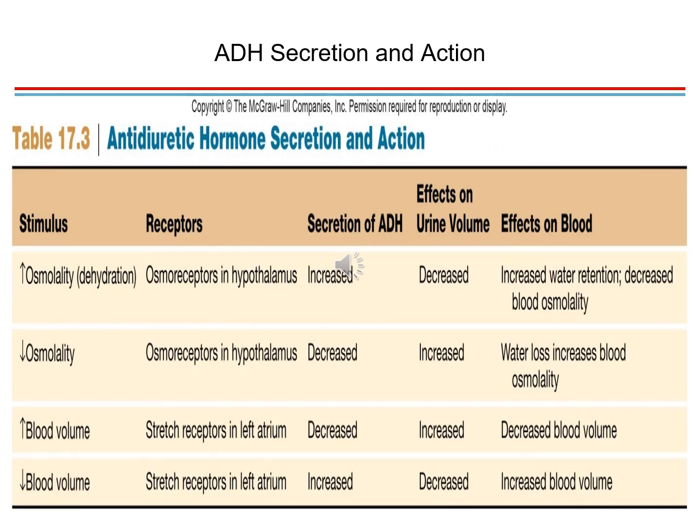I highly encourage you to play with this graphic that is talking about osmolarity increase or decrease, and also to play with the blood volume, when blood volume increases or decreases, because one is related to osmolarity and the other is related to blood volume.